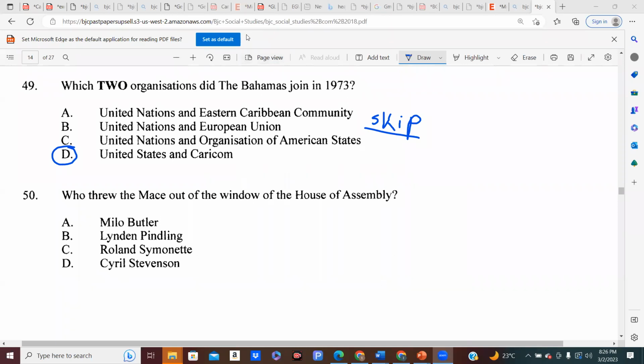Rochelle, you chose B. Why did you choose B, Rochelle? Because everybody chose B? I think if I remember correctly, I learned this in social studies, and it was Lyndon Pindling. Okay. Divine, you chose A. Way to go to be different. Why did you choose A?